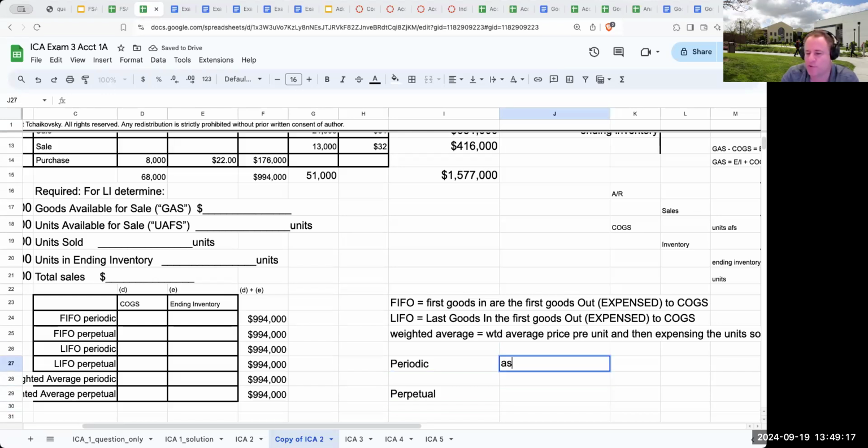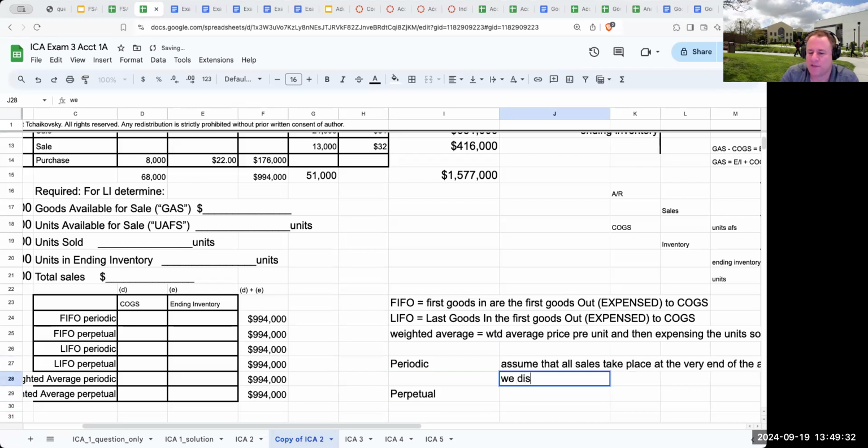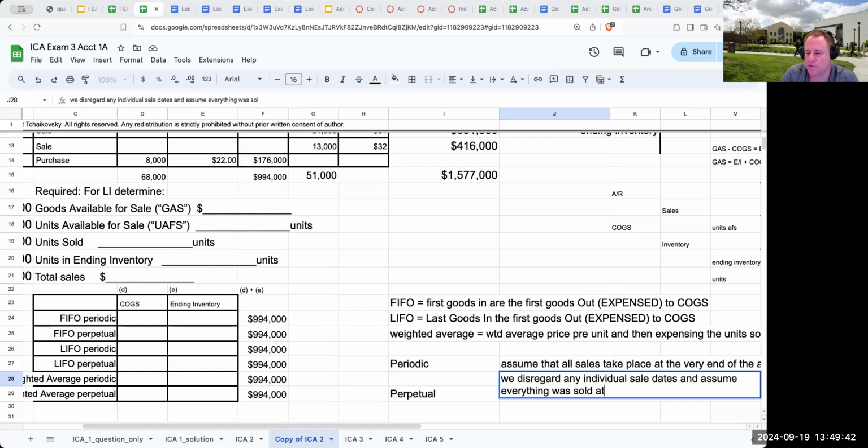Periodic means we're going to assume that all sales take place at the very end of the accounting period. We disregard any individual sale dates and assume everything was sold at the end of the period.